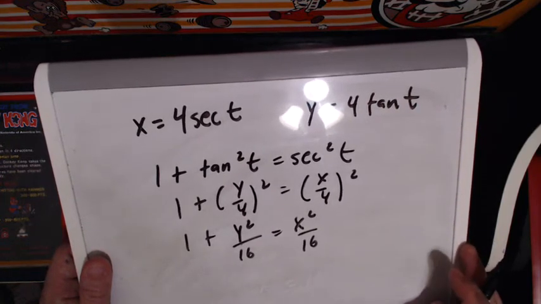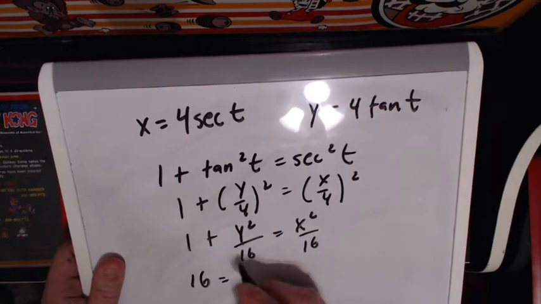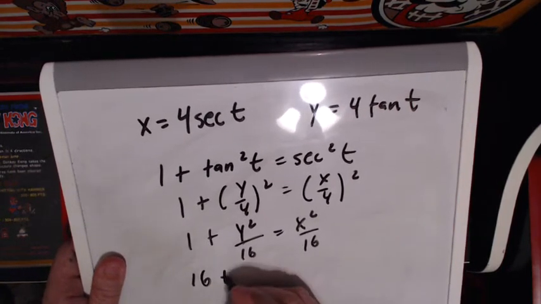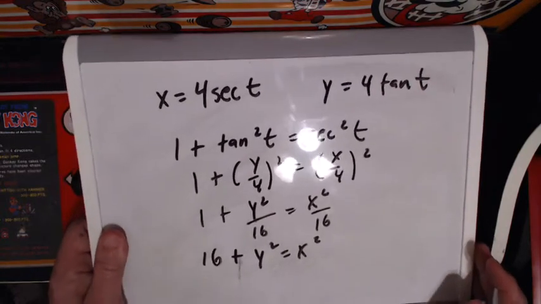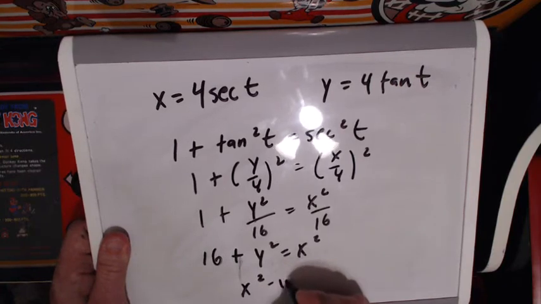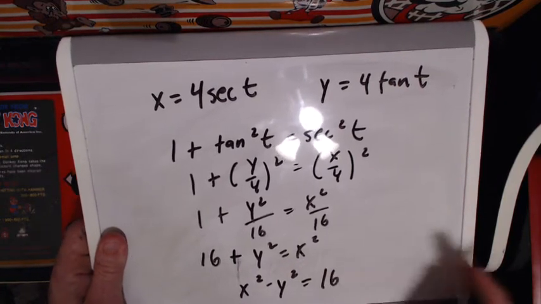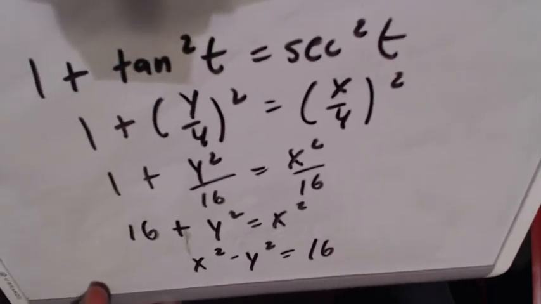And once again, if you multiply everything by 16, you get 16 plus y squared equals x squared. Those 16s cancel out, right? And in this case, if you subtract that over, you get x squared minus y squared equals 16. If you look at that, x squared minus y squared equals 16, I believe that's a hyperbola, okay?